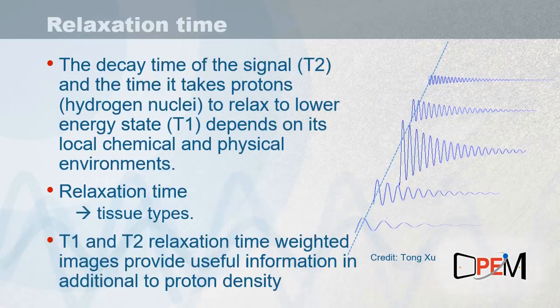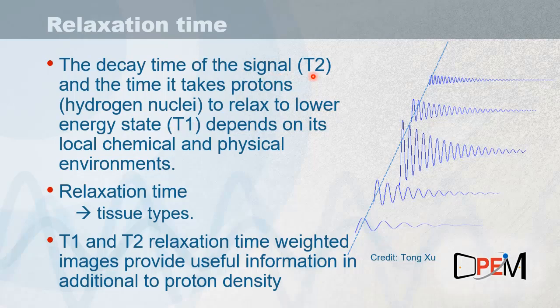We can see that the RF signal from the protons actually decays over time. We call it T2 relaxation. And also, the time it takes protons, which are hydrogen nuclei, to relax to the low energy state, we call it T1 relaxation.